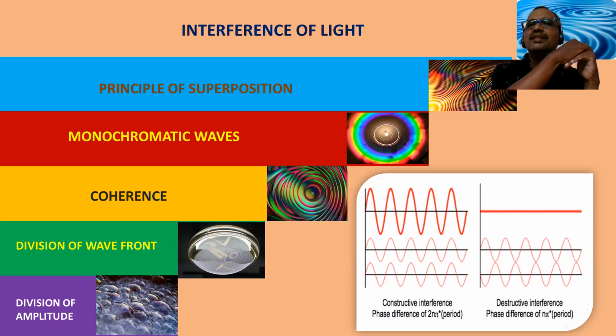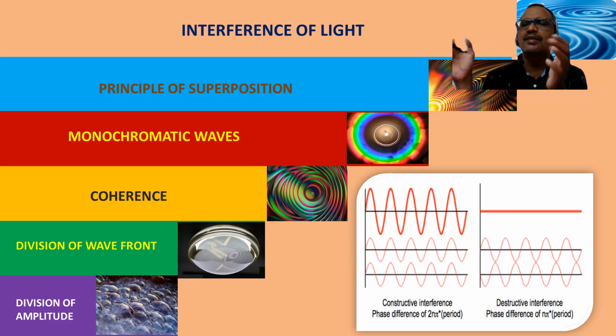There are some places where the intensity is minimum, that is, the crest of one wave falls on the trough of another wave. Therefore, the amplitude or displacement is decreased, hence the intensity is decreased. If the amplitudes are same, then intensity will be 0. Then the place is called destructive interference.